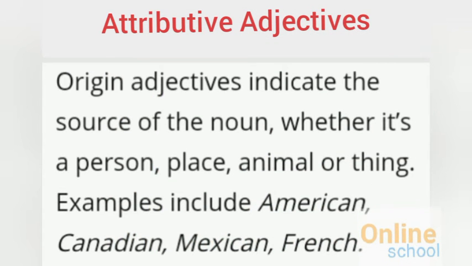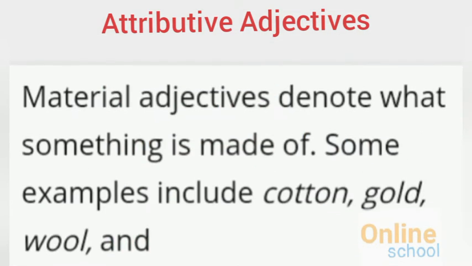Origin adjectives indicate the source of the noun, whether it's a person, place, animal, or thing. Examples include American, Canadian, Mexican, French, etc. Material adjectives denote what something is made of.